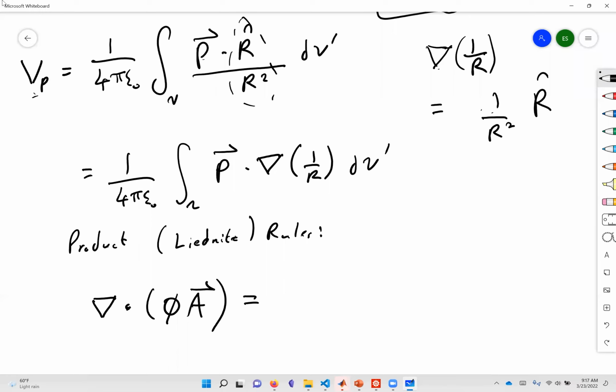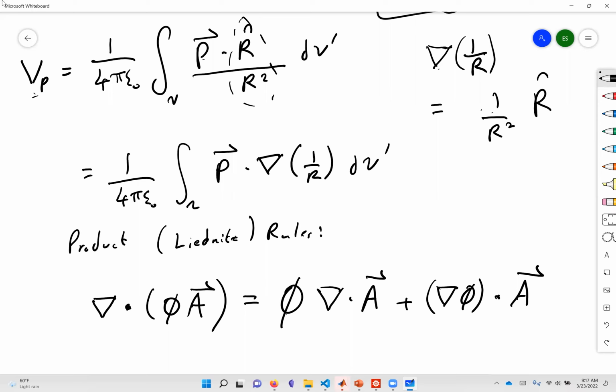So this is some kind of product rule, right? This equals the same scalar field times the divergence of A, plus the second times the differentiation of the first, which is the gradient of phi, that's the only way you can differentiate a scalar field, dot A. Okay, so this is a sort of product rule.